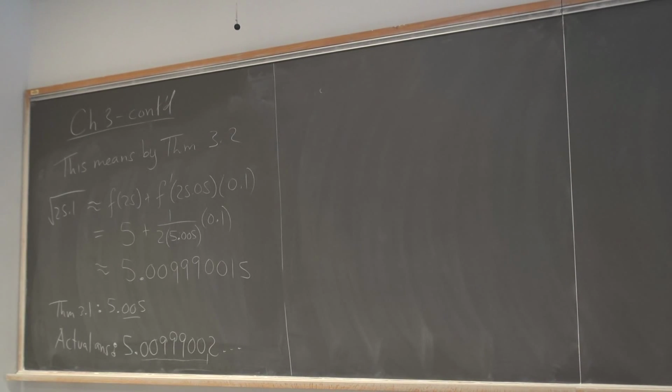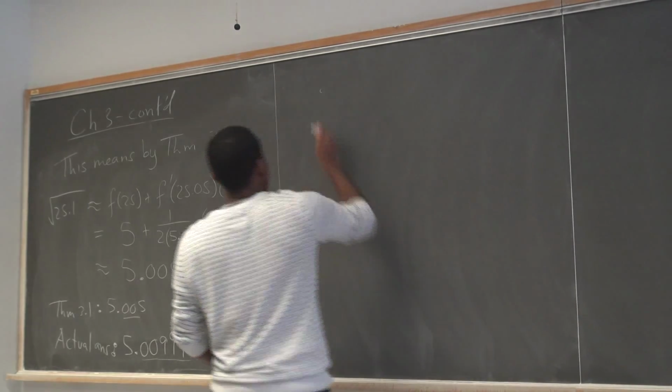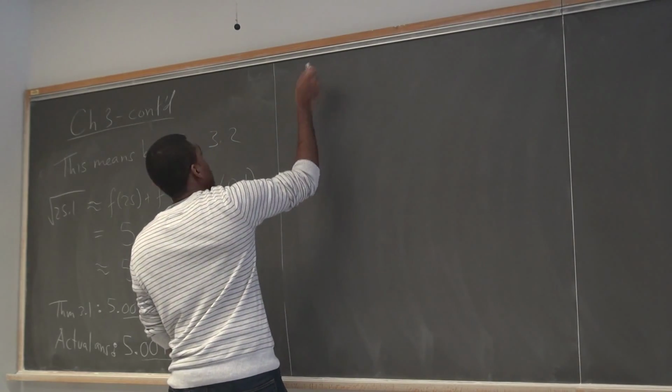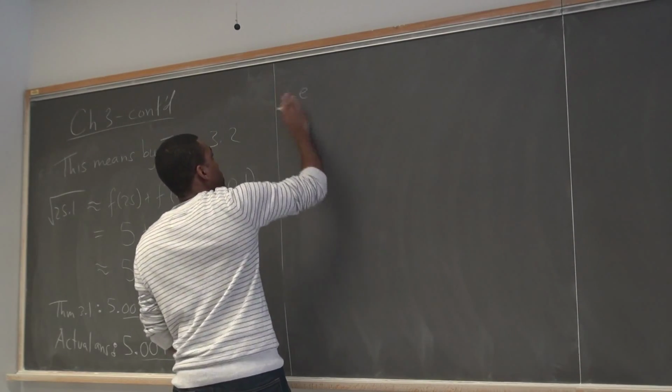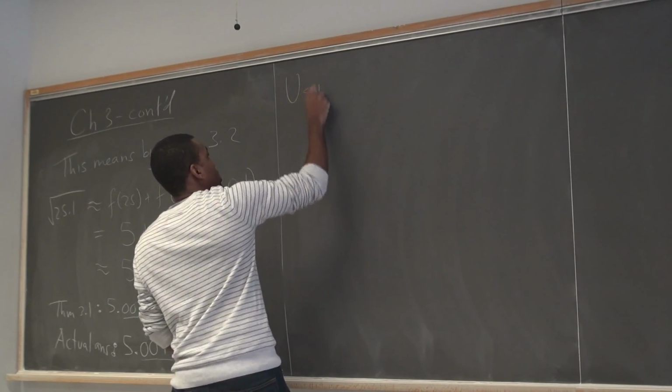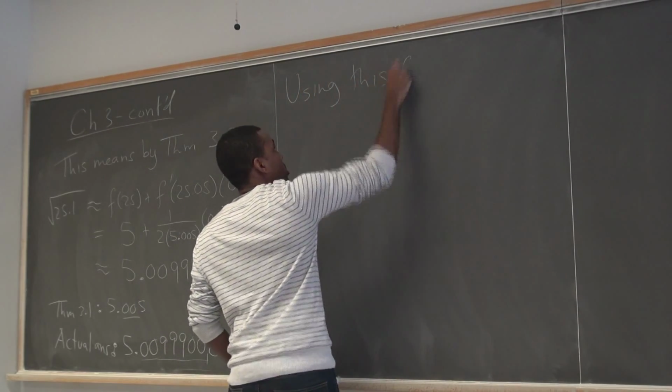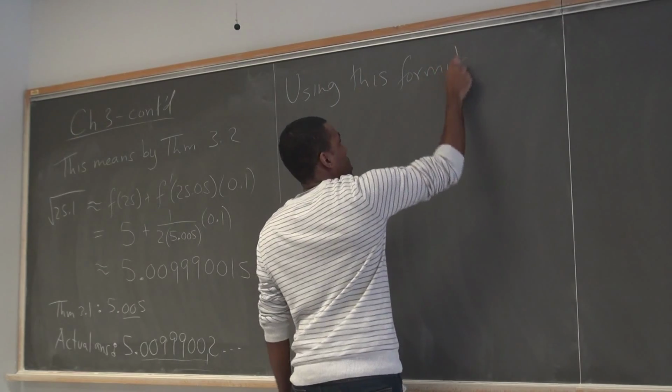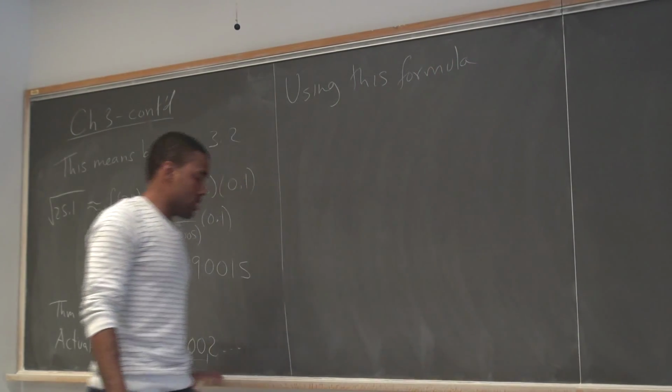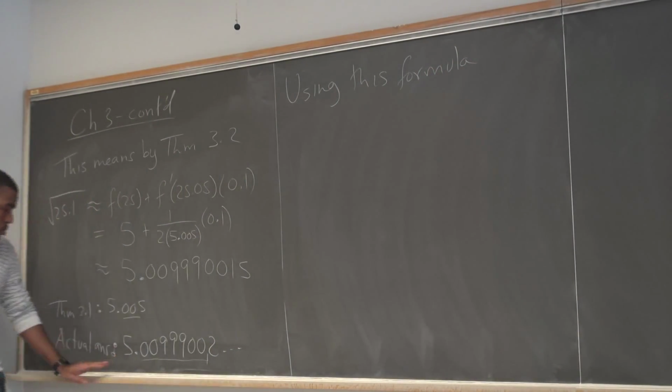I'll tell you now, the table is going to be a lot more annoying. Almost twice as annoying. Usually, if you're asked to use theorem 3.1, just Euler's method, they'll ask you for 4 or 5 steps.